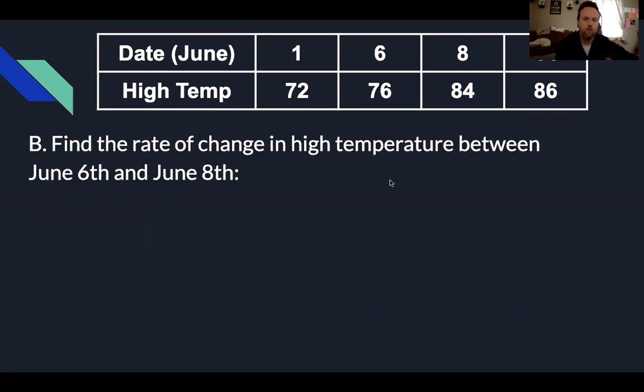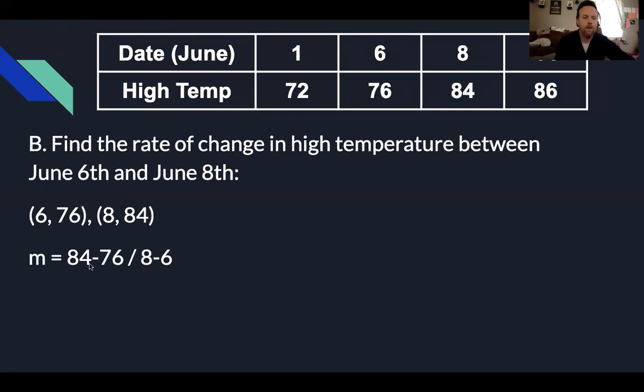So the next one we're going to look at is the next interval, which is just a 2-day interval between June 6th and June 8th. And we see that the temperature jumped from 76 degrees all the way up to 84 degrees. So using the same information, the same way that I did before, I'm going to do the change in my temperature, or the change in y, divided by the change in x, or the change in the number of days.